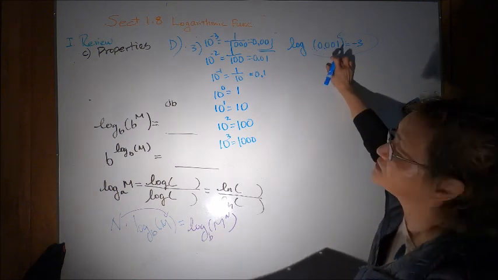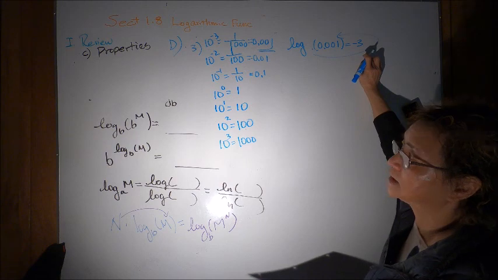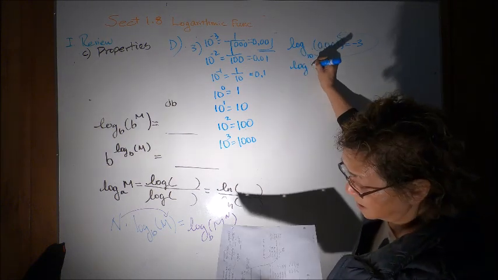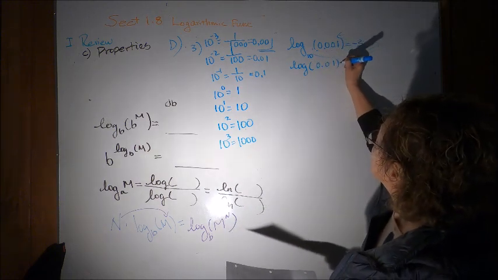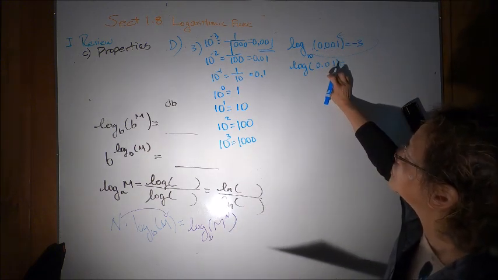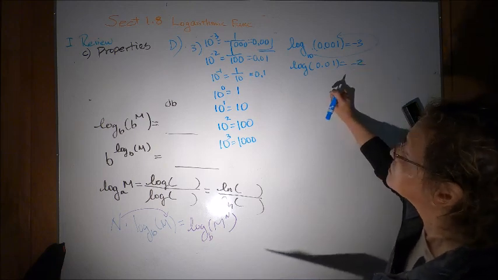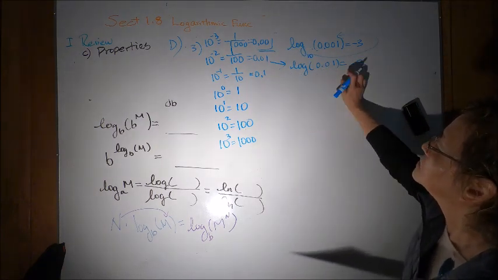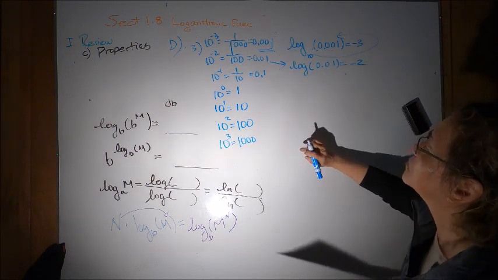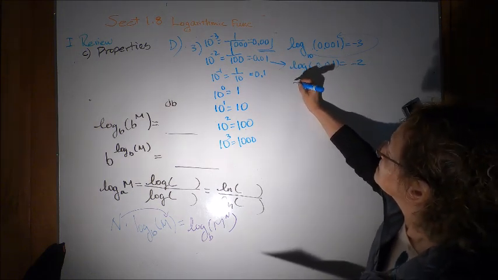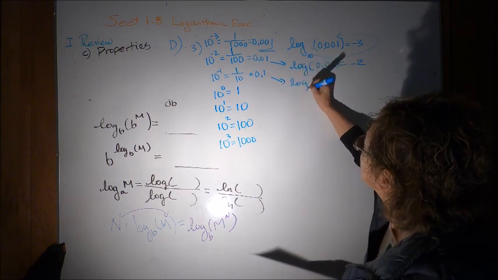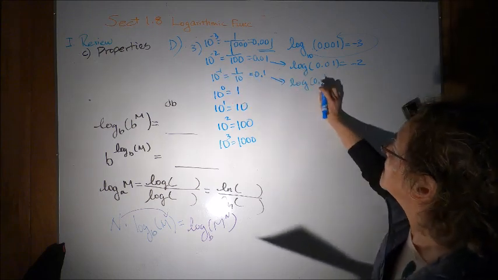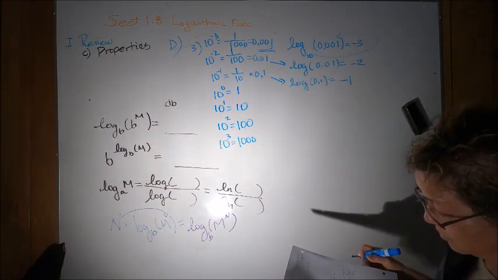Then type in this value, and you can see you get negative 3, right? So if I have log 0.01, type in your calculator, what should you have? Negative 2. Is that right? Because 10 to the negative 2 power is 0.01. So for this one, log 0.1, 10 to what power becomes 0.1? That's that one.